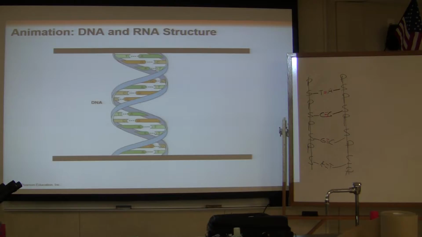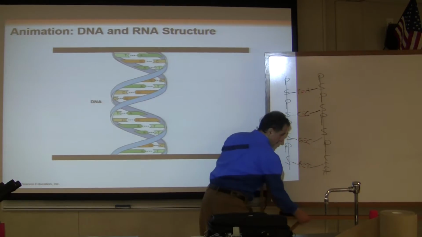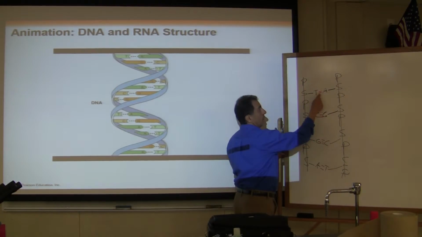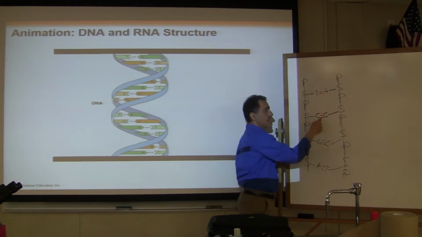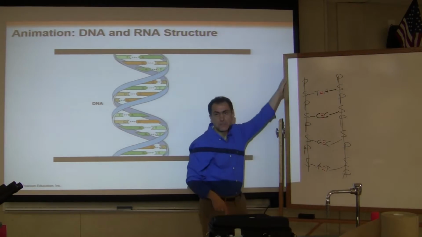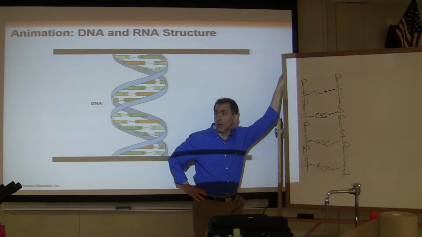Okay. Now, answer my question. You watched the video, right? Are you ready for my question? Can you see? Why did I draw 2 lines here and 3 lines here? 3 lines, 2 lines. Why? A double and triple bond.